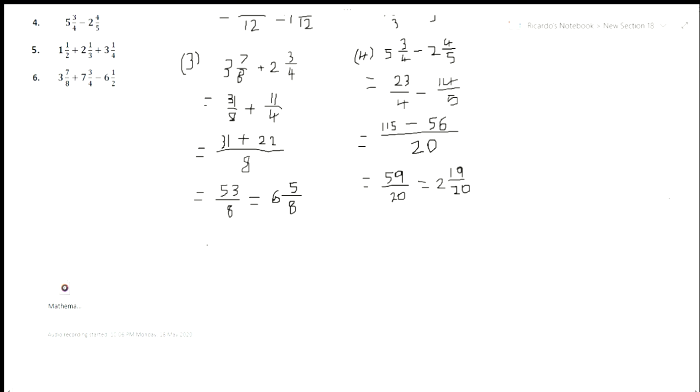number 5. All right, we're going to do number 6 and close it off. You can do number 5 for yourself, but it's pretty much like how we do all of them. So we are doing number 6.